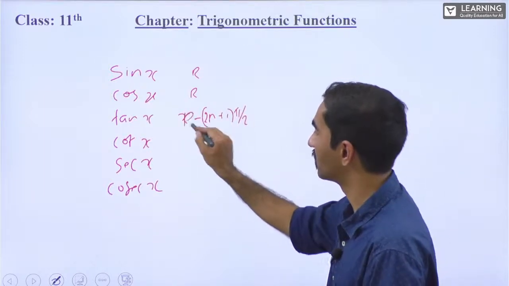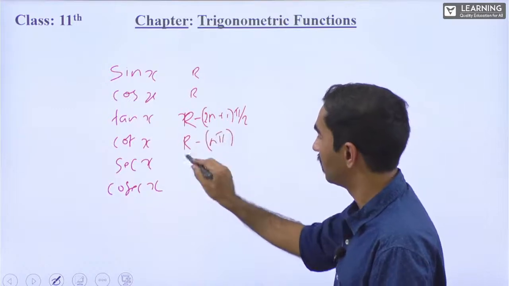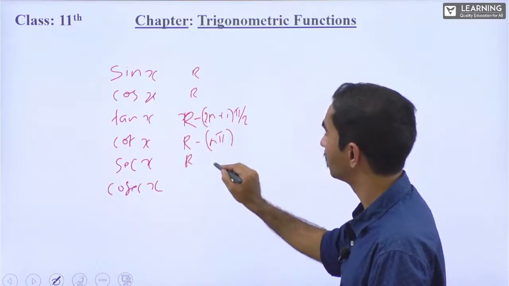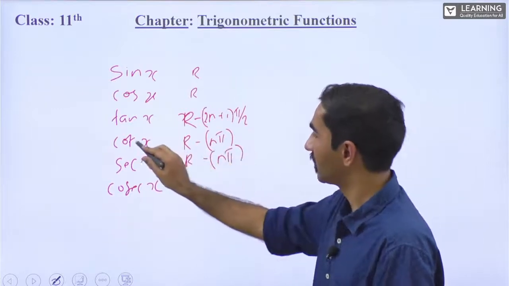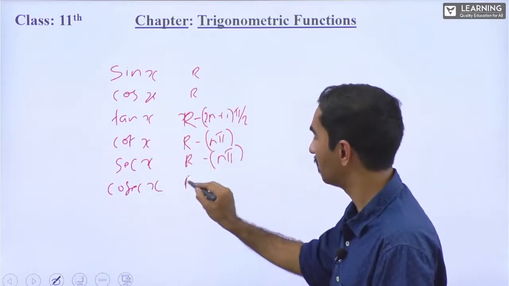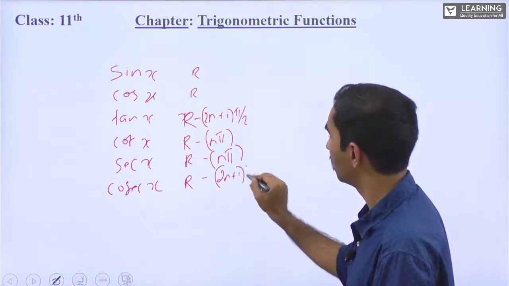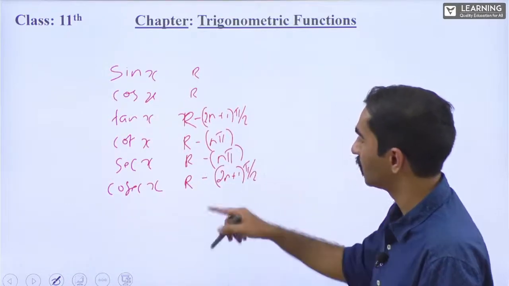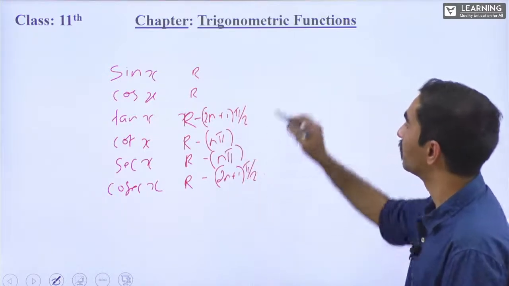Cot x, it will be R minus n pi. Secant x is 1 by cos x, so here it will be R minus (2n plus 1) pi by 2. Cosecant is 1 by sine, so R minus n pi.